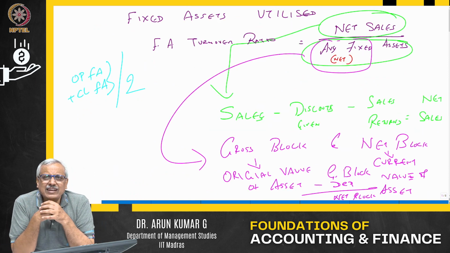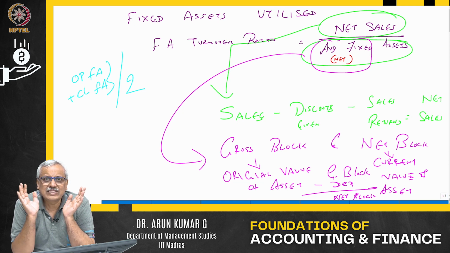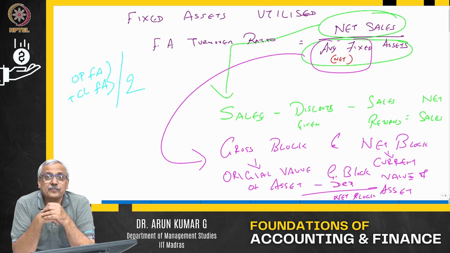Imagine I look at a refinery in the initial years of its operation, or an automobile assembly plant in the initial years of operation. All the fixed assets value will be very high, undepreciated assets out there.